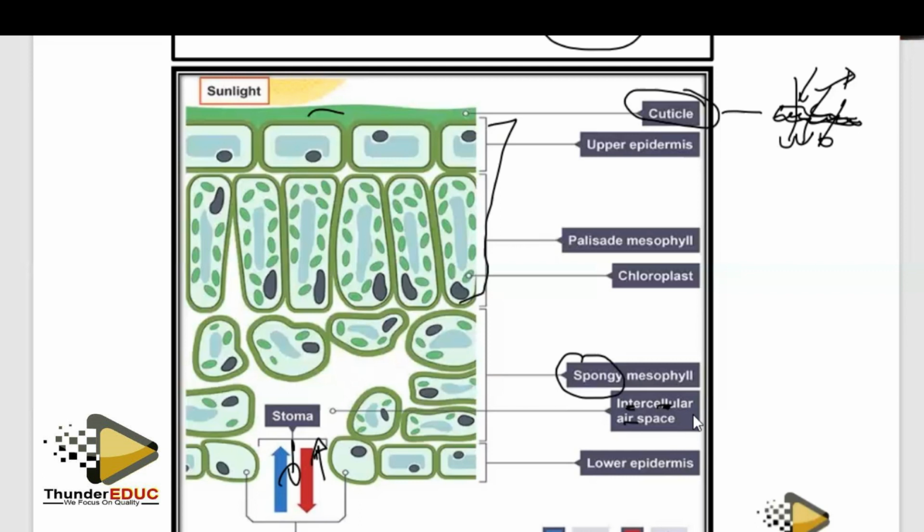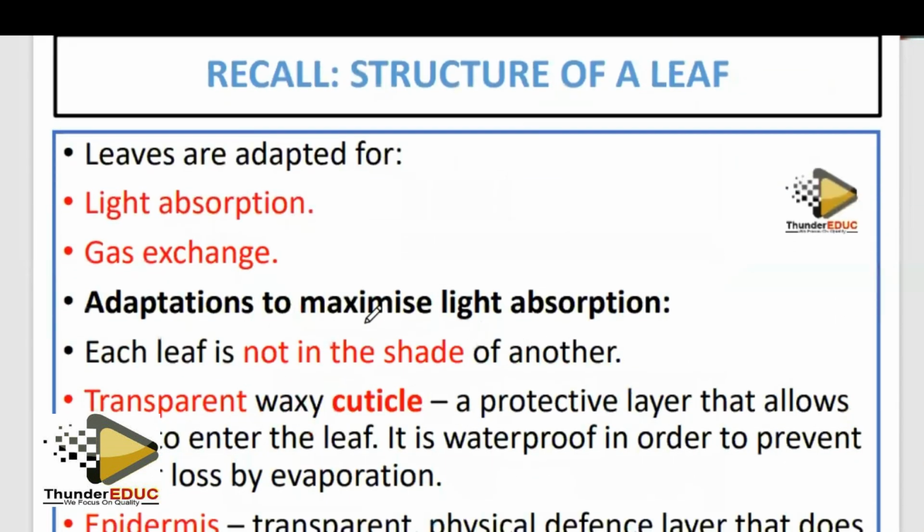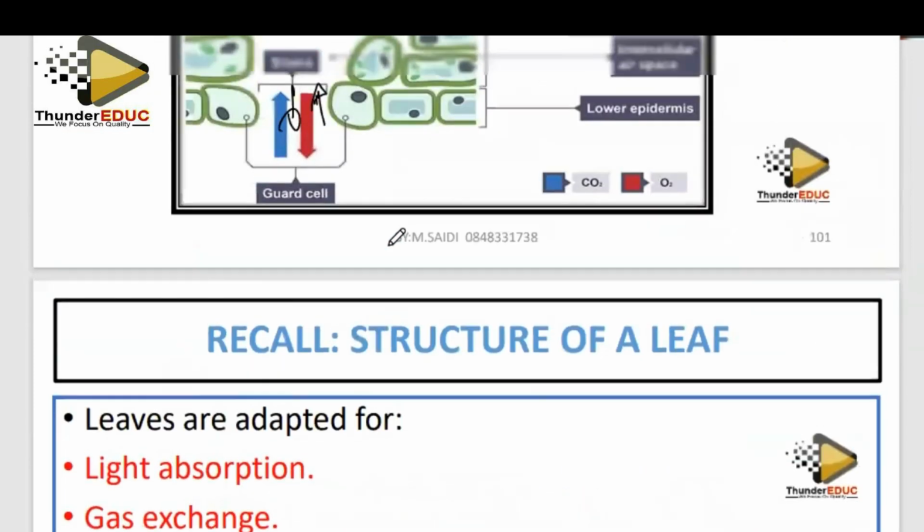So there are so many adaptations which make this leaf suited for its function of photosynthesis. So let's do a small recall about this leaf, because this is grade 10 work. Leaves are adapted for light absorption and also gaseous exchange or gas exchange.